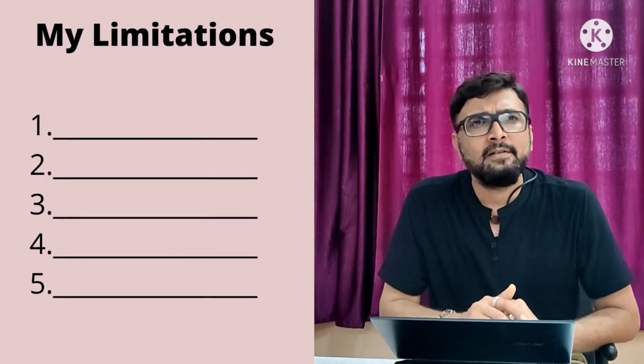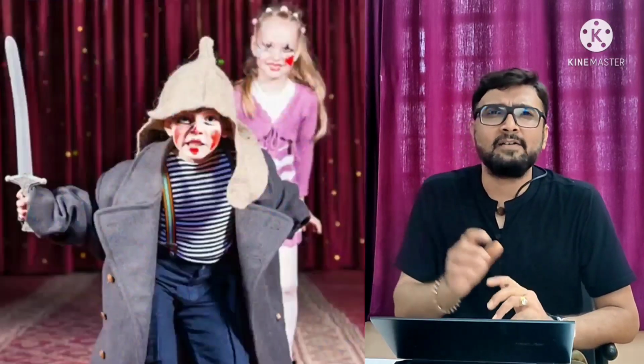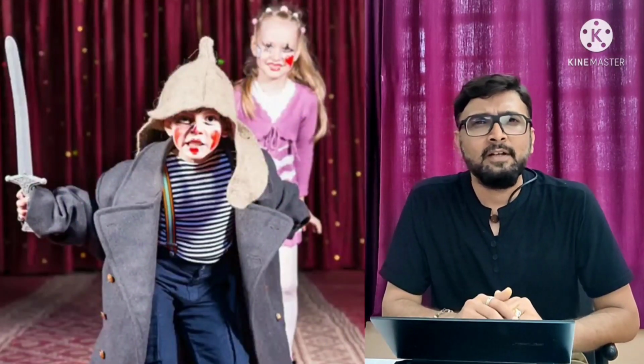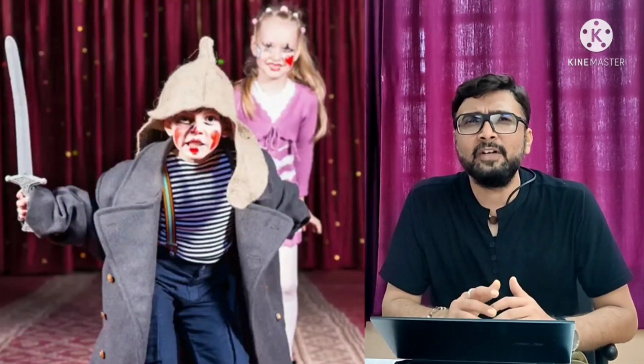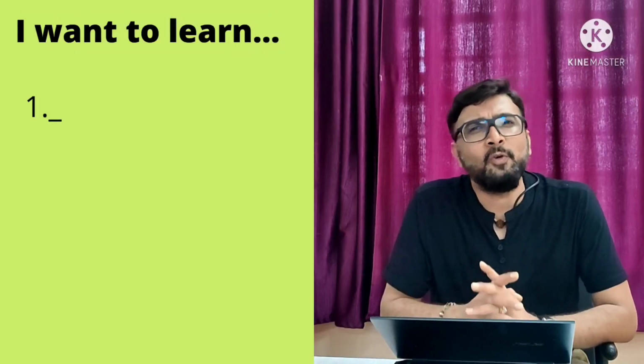Not only this, sometimes you have a desire. I want to learn this. I want to learn that. I want to do this. But somehow or the other we are not able to explain or express ourselves to our teachers or maybe friends or parents. What you need to do is write down what I want to learn.